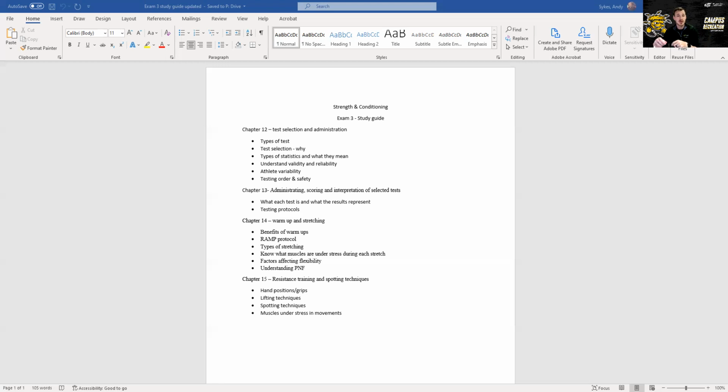And then intra-subject, okay, how is that athlete performing on that day? The same athlete tested one day and then another day. What are the differences in the results? Should they be the same? Are they the same, or are things impacting those results maybe more so than just performance? Maybe there's stuff going on in their lives that's affecting how they're performing in those tests. So you get variability in those areas.